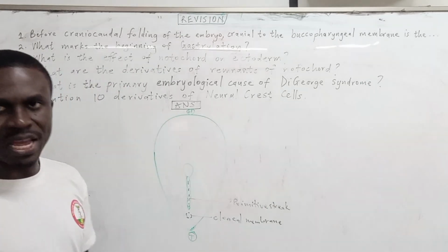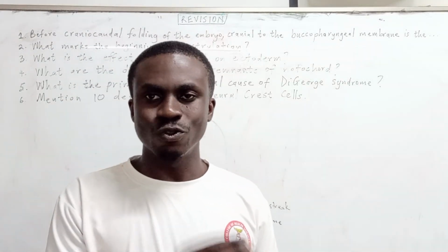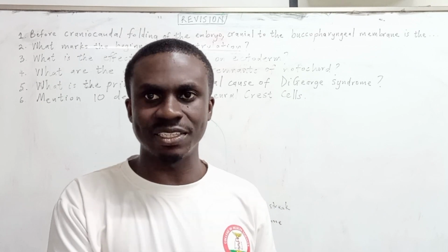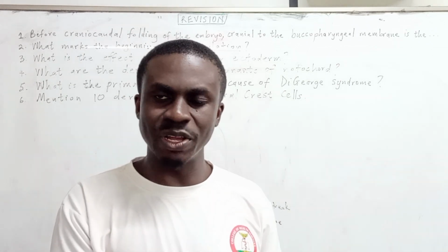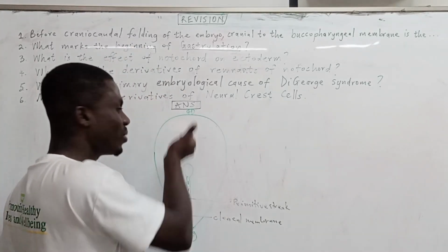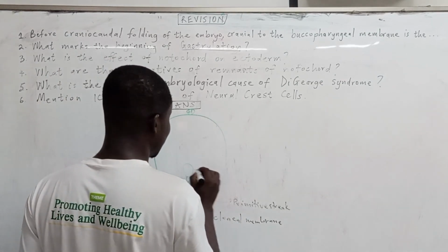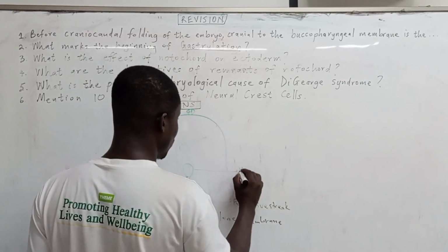This primitive streak is the one which gives rise to all 3 germ layers: the ectoderm, the mesoderm, the endoderm. The cells move from the caudal region and go cranially, so that the cranial region will form what we call the primitive knot or Hensen's node.